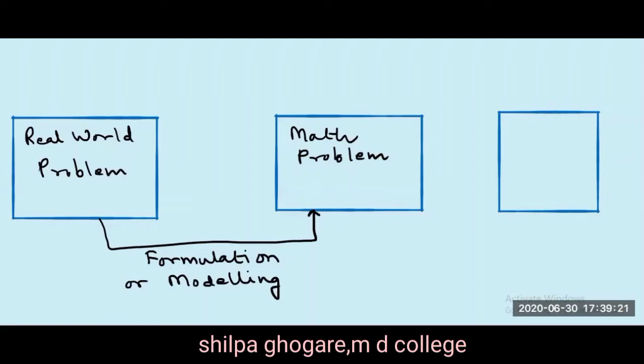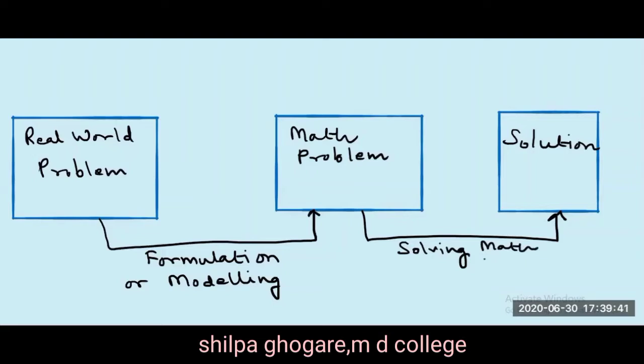Now, when you have a problem, you want to know the solution. So you have a solution here. And then there is another big step, finding solution of this math problem. So solving math problem. And then you have some analysis which is going to help you, or you have some algorithm.